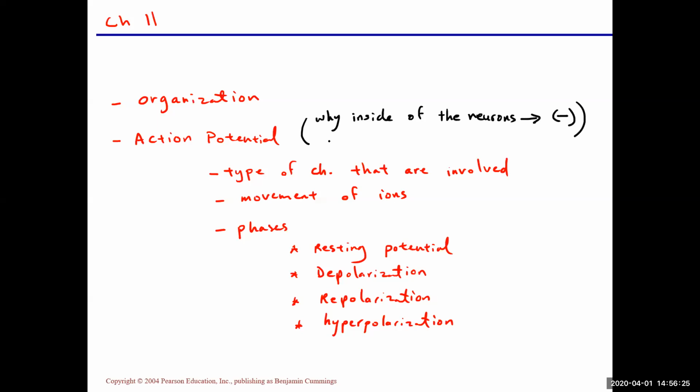Another concept is why action potential is unidirectional. In other words, why is it that it's going one way and not the opposite way? So those are also the key questions that we want to get the idea and understanding of. All right. So this is pretty much the outline of what we're going to be discussing right now.